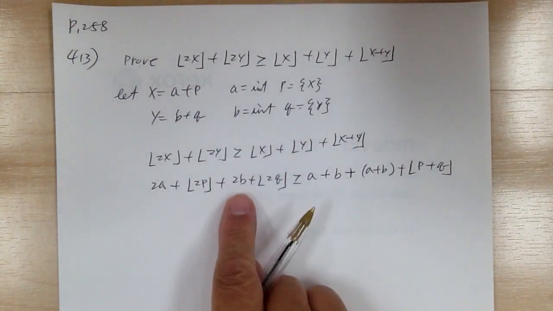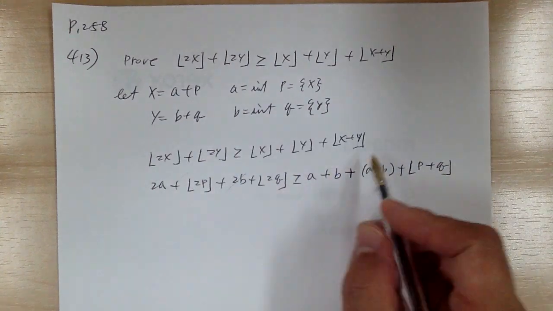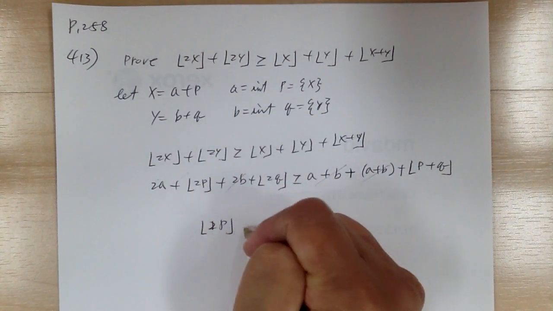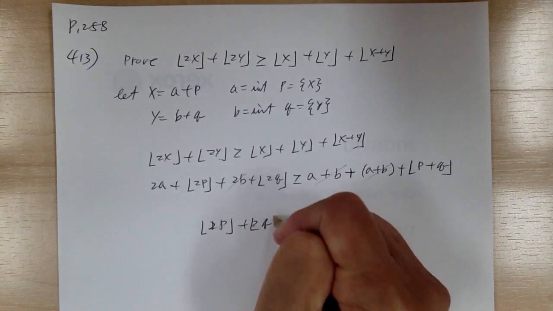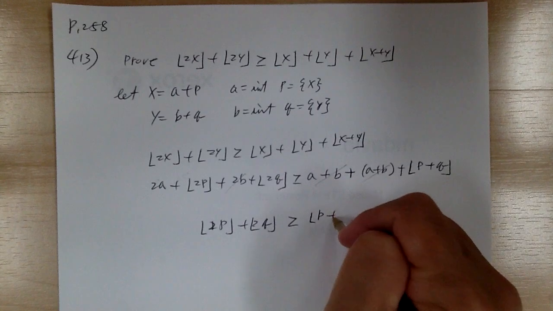And then from here, the 2a and 2b will cancel out. So you have 2p plus 2q greater than or equal to p plus q.